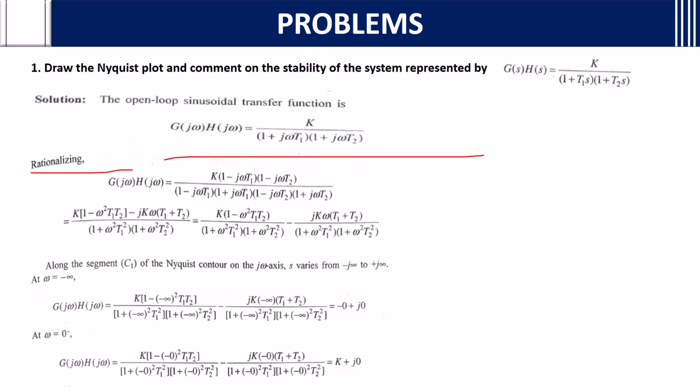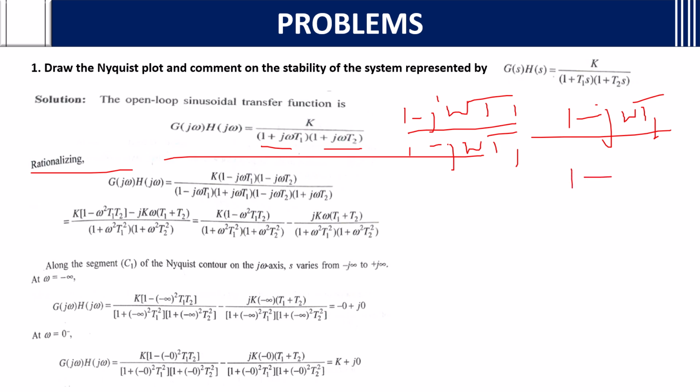Rationalizing it. Rationalizing means what? If they both are plus in between, you will add in numerator and denominator 1 minus jωT1, 1 minus jωT2, again 1 minus jωT2 and 1 minus jωT1. Nothing but we are multiplying and dividing by 1 minus jωT1 and 1 minus jωT2 on the numerator and denominator.